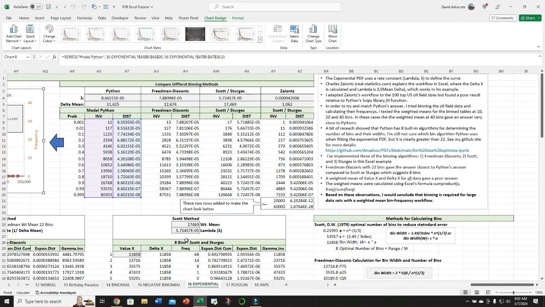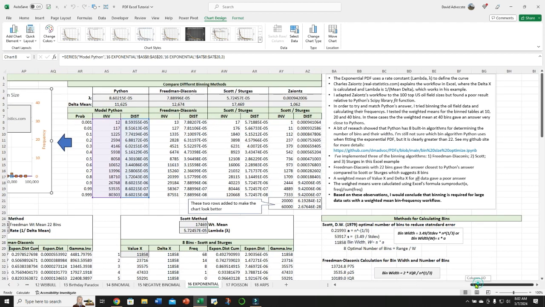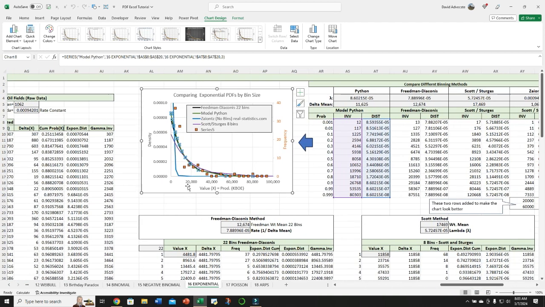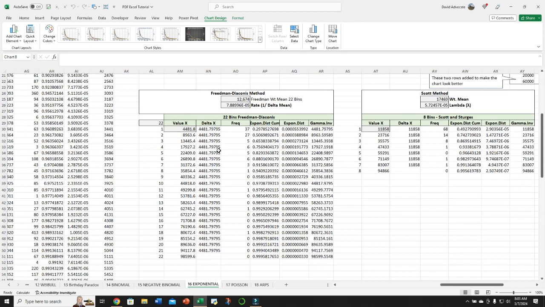So if we go back and look at the chart again, it seems to me that the bin methods seem to fit the data better. So let's take a look here in more detail at how I implement this. So here's the Friedman-Diaconis method, and I've created 22 bins.